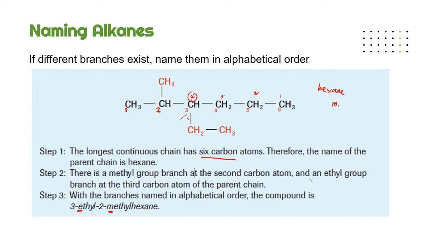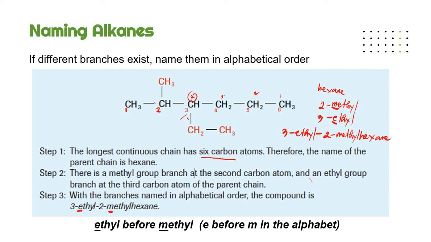You have a methyl at 2, and you have an ethyl at carbon 3. But para to write the name, i-arrange nimo siya alphabetically. So E first, so 3-ethyl dash 2-methylhexane. Okay, ethyl before methyl.